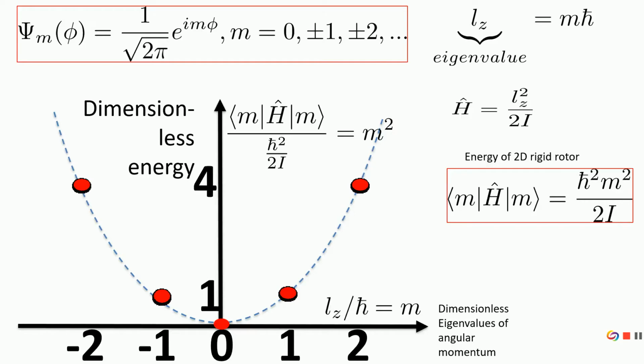When we have this angular brackets, it means integration over angle. I'm skipping some simple math, but this Hamiltonian is just a second derivative over angle, right?